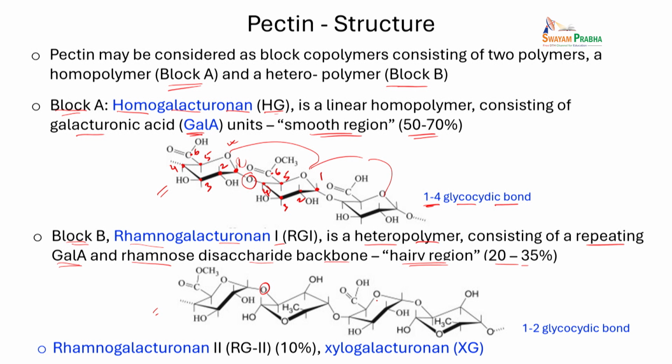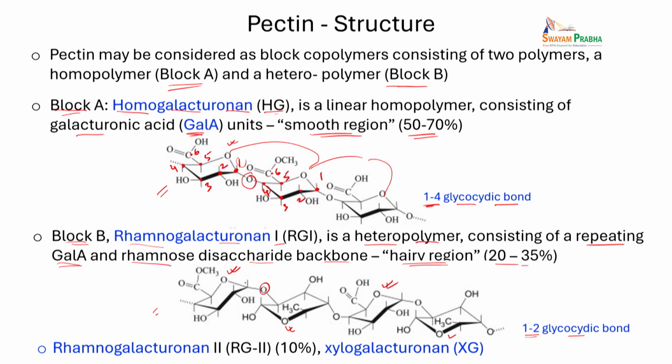And then if you compare the structure of galacturonan and rhamnogalacturonan, you can already see the bond formation is quite different, because you see here the oxygen is on the top, in the next molecule it comes down, then goes up and then it goes down. So it is in a different arrangement. And this is because the bond that connects two sugar units is a 1,2 glycosidic bond.